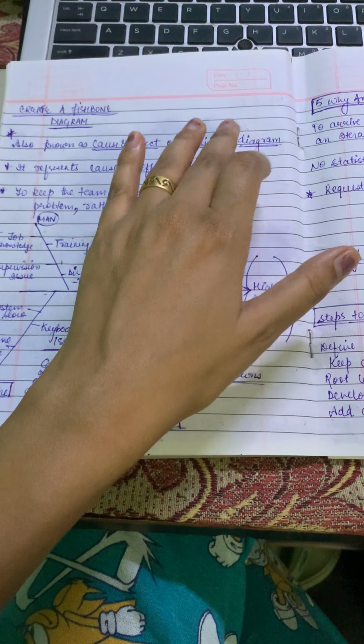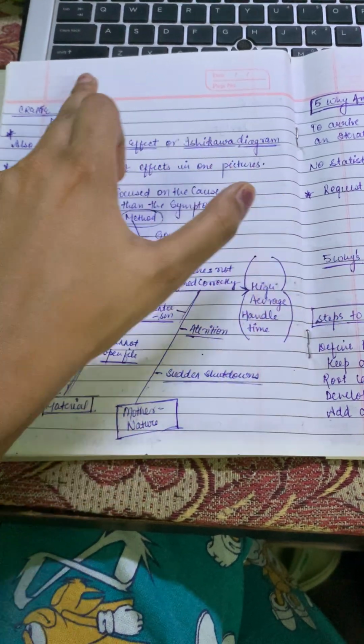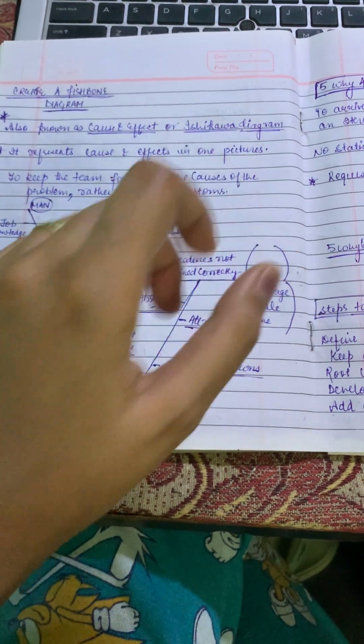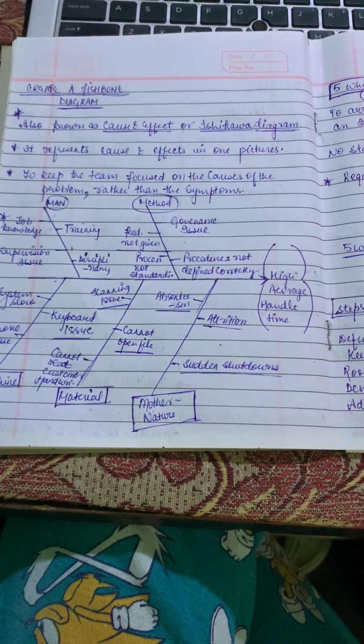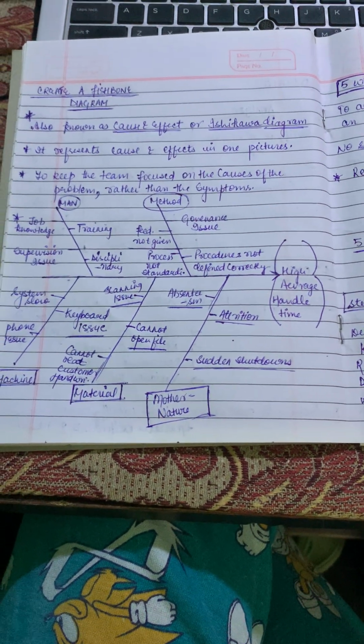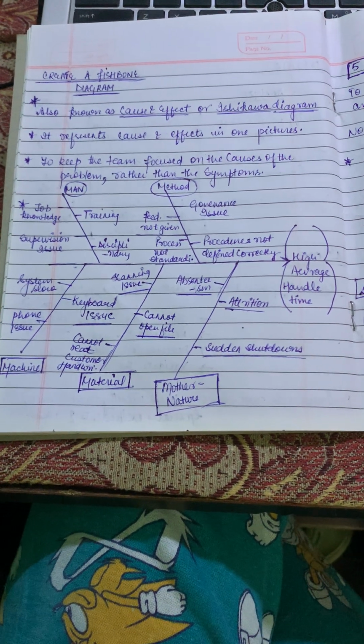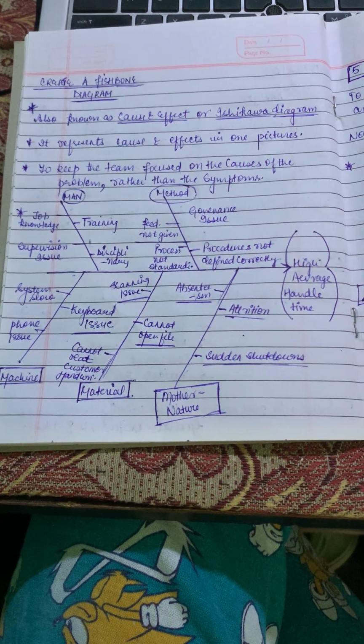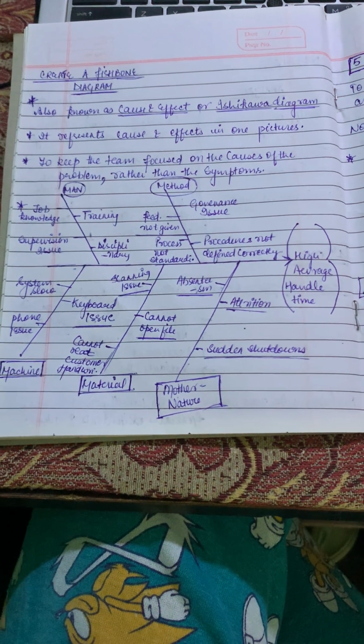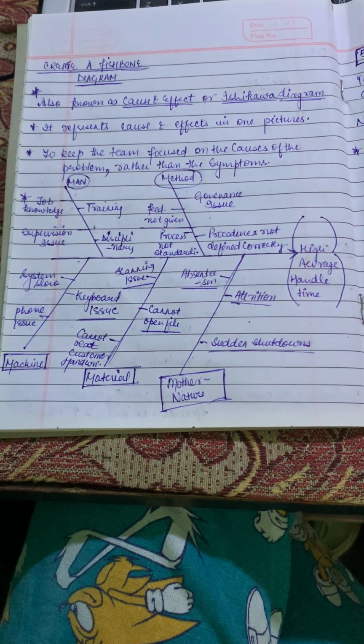Do not be confused between Ishikawa and fishbone, because both are the same. It represents causes and effects in one picture, to keep the team focused on the causes of the problems rather than the symptoms. So we need to know the causes.